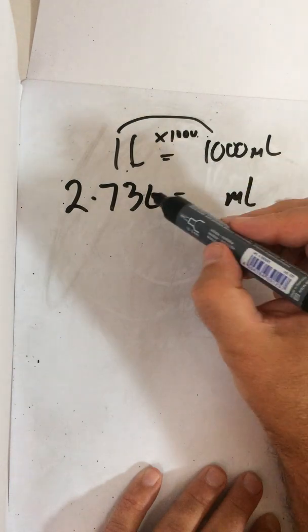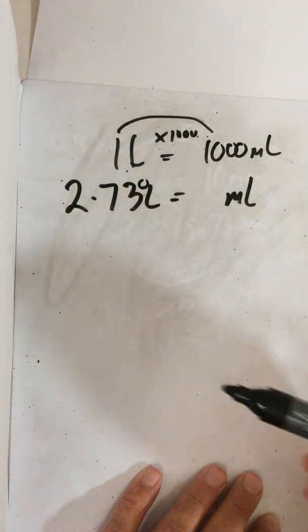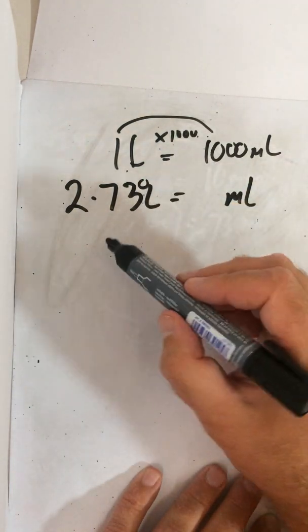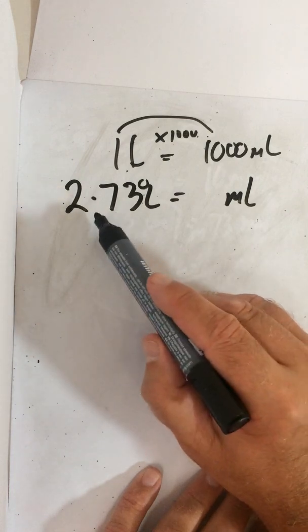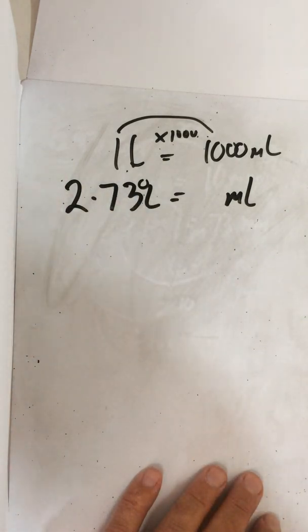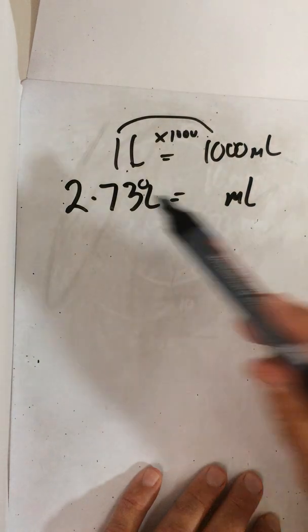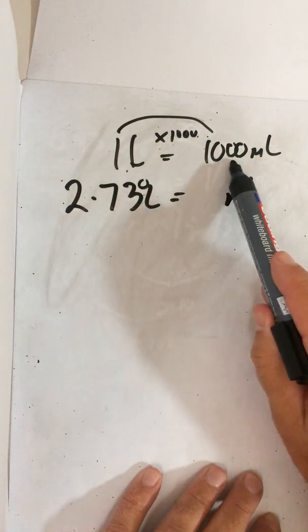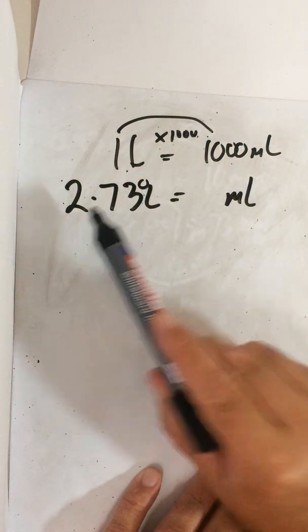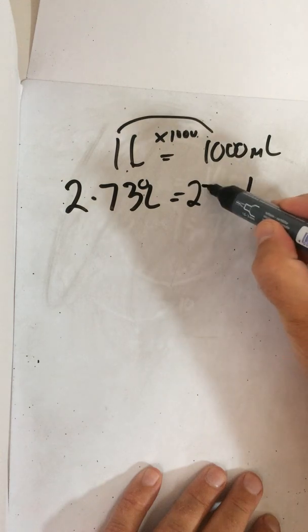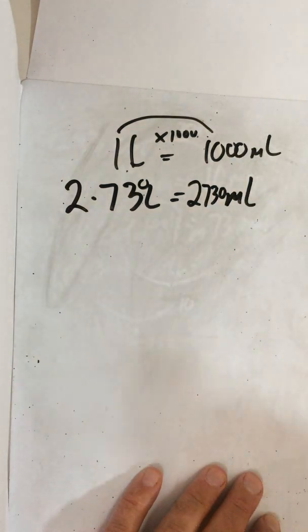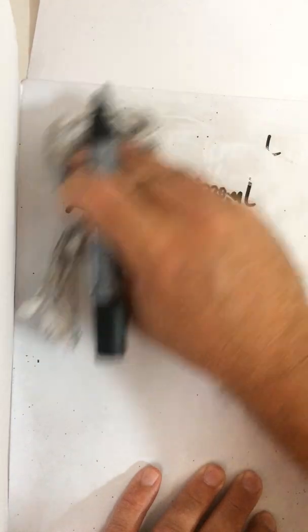If I'm timesing that by 1,000, I'm moving the decimal point 3 places to the right, aren't I? But again, probably the easiest way to do it is 1 litre is 1,000, 2 litres is 2,000, so it becomes 2,730. Okay, I'll just do one more before you get on with these yourself, or maybe a couple more.